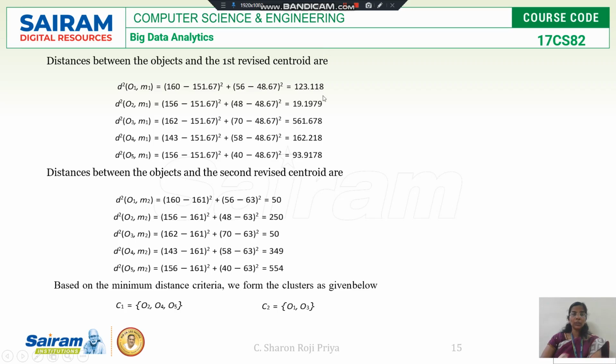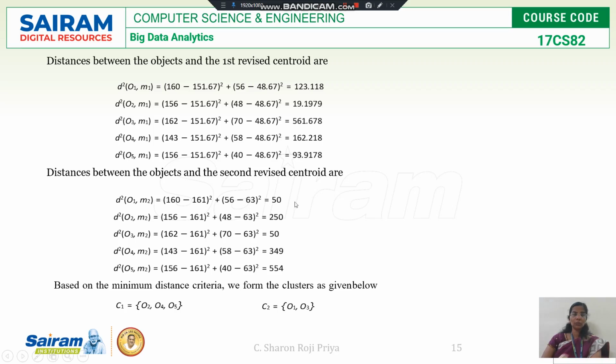After doing this, you have to compare both the distances and partition your database into clusters. So 123.50: the first data point comes in the second cluster. 19.250: the second data point should come in the first cluster. 561.50: the third data point should come in the second cluster.